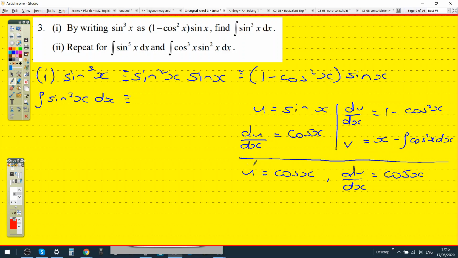Okay. Oh, so you did it twice. And so du by dx is minus sine x. And then when you integrate that, you get sine x. And so, does that work? Or does it just get worse?